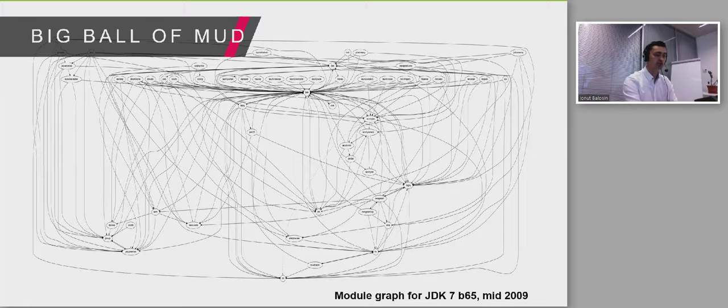What happened in 2009, before Jigsaw, before the modularization project happened, as you can see, a lot of modules depend on others in some sort of spaghetti dependency network. This is very, very dangerous because everything becomes very tightly coupled with the other components.